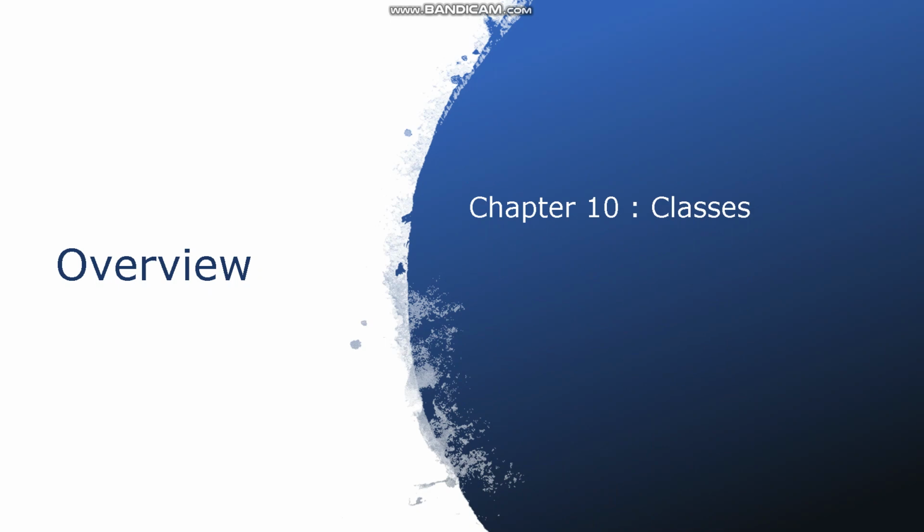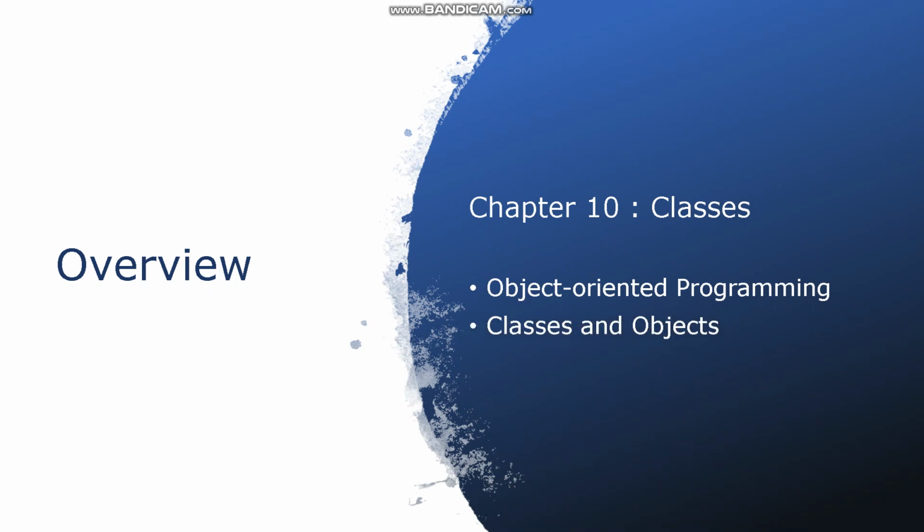The next chapter is chapter 10, that is classes. This chapter compares procedural and object-oriented programming practices. It covers the fundamental concepts of classes and objects, attributes, methods, encapsulation and data hiding. Accessors and mutators are discussed.